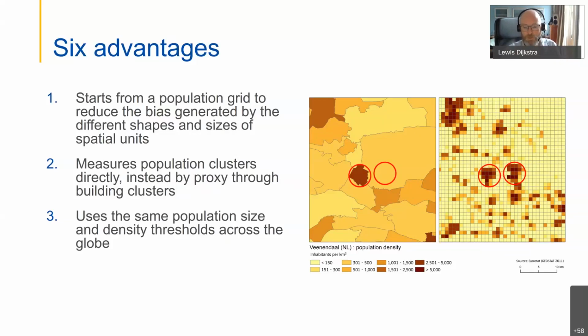I mean, the same building may have only one person in it in one country or one city or one rural area where it might have 5 or 10 or 20 people in it in another one. So the amount of built up area is a poor proxy for the total population there, especially when you're working at the global level.